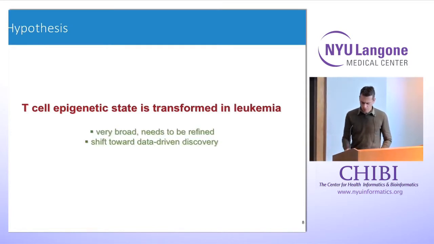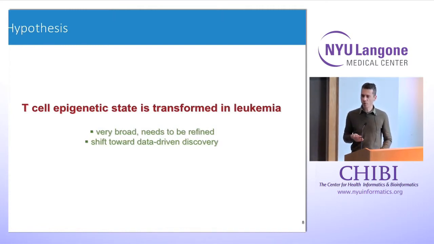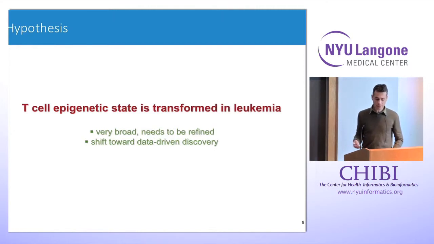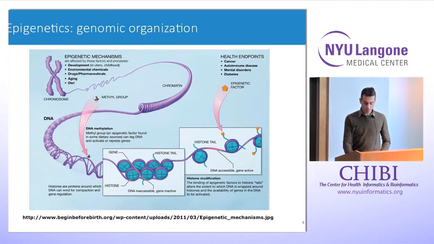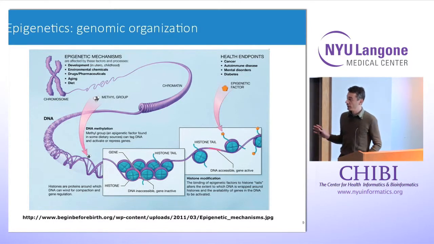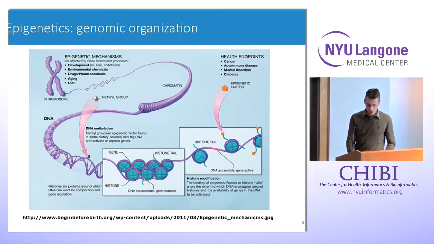That's a very broad hypothesis, of course, and we wanted to use a data-driven approach to really try to refine it, to see what exactly does it mean, what kind of epigenetic state differences you may have between leukemia and normal T cells. I'm assuming all of you know the basics of epigenetics and histone modifications. I'm not going to be talking at all about DNA methylation. This is only going to be about histone modifications.